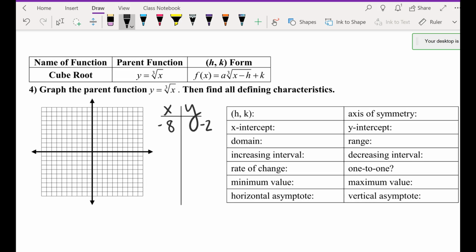Remember, it's the third root. I can have negative inputs and outputs. Next nice value? Negative 1. Third root of negative 1 is not 1, but negative 1. Next nice value? 0. Third root of 0? 0. Next? 1. Output? 1. Next? 8. Output? 2. Great. Graph it out.